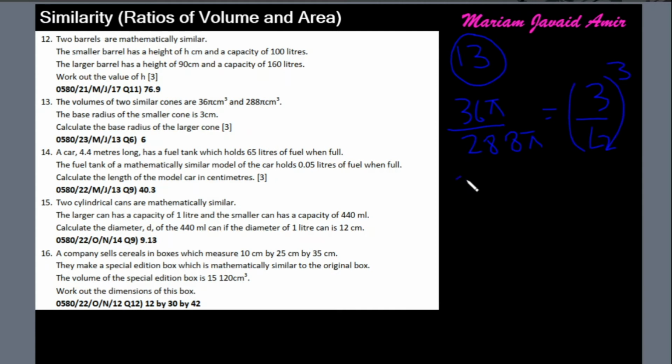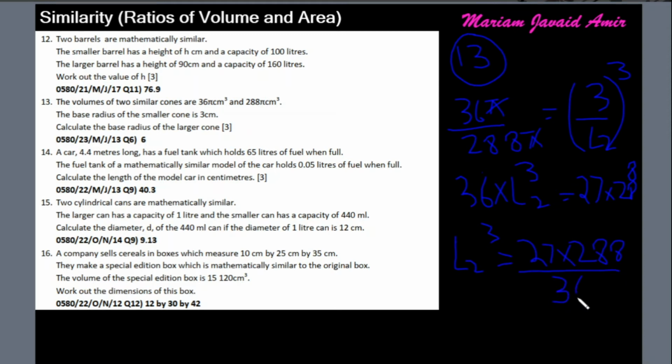So cross multiply, let's cancel pi and pi first. 36 times L2 whole cube equals 3 cube, which is 27, times 288. Next I'll make L2 whole cube the subject, so 27 times 288 over 36.